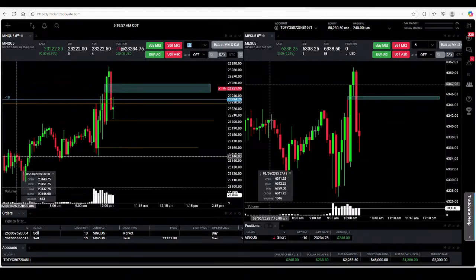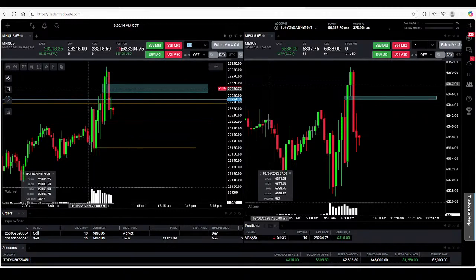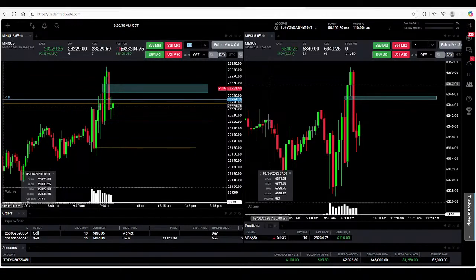So we'll see what happens. Just be very patient. Have my hard stop in. If I'm wrong, I'm wrong. You can see we are really hovering back around that pre-market high area.